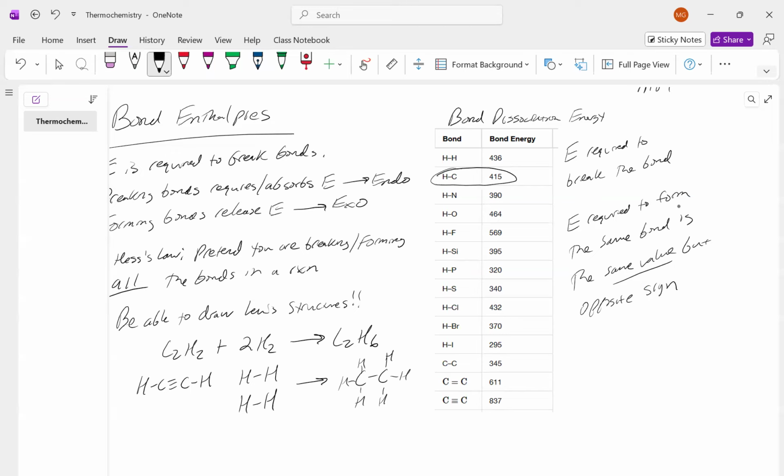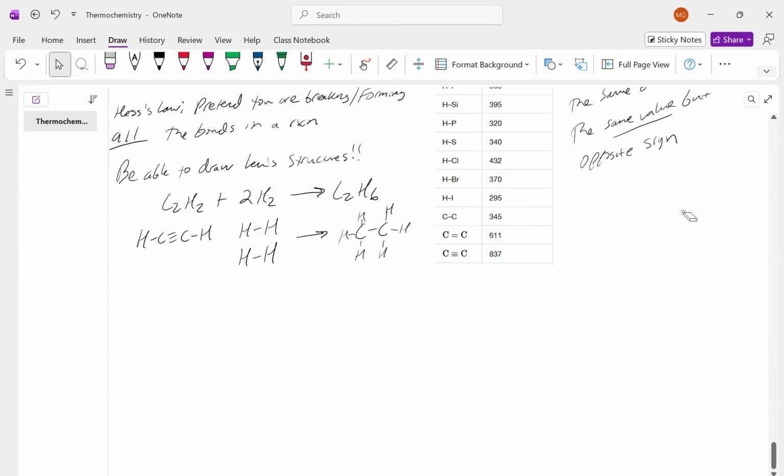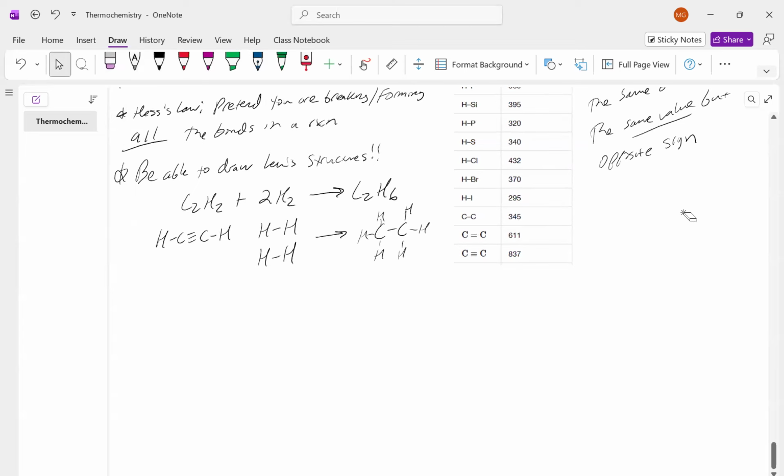To form a carbon-hydrogen bond, it would release negative 415 kilojoules of energy. So that's the key thing to remember. Okay, so what we're going to do is look at the reactants first.